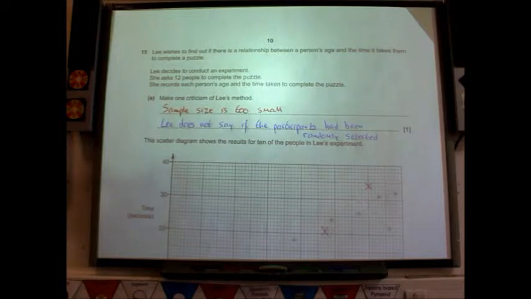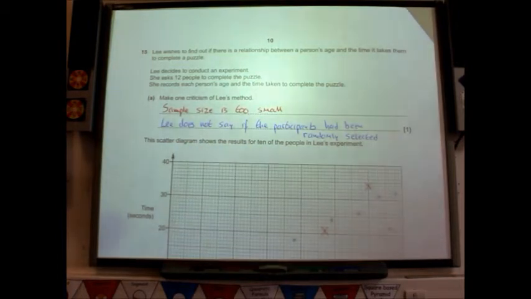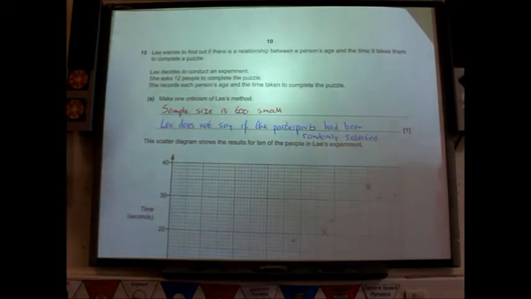Chances are they would probably do the puzzle quite quickly, depending what the puzzle was, than maybe someone who's in a retirement home who's been retired for some time but is of a similar age. So it is important to know how they chose the people. Lee does not say if the participants have been randomly selected. But anyway, sample size is too small is your easy one for that. Right, so that's 1 mark.